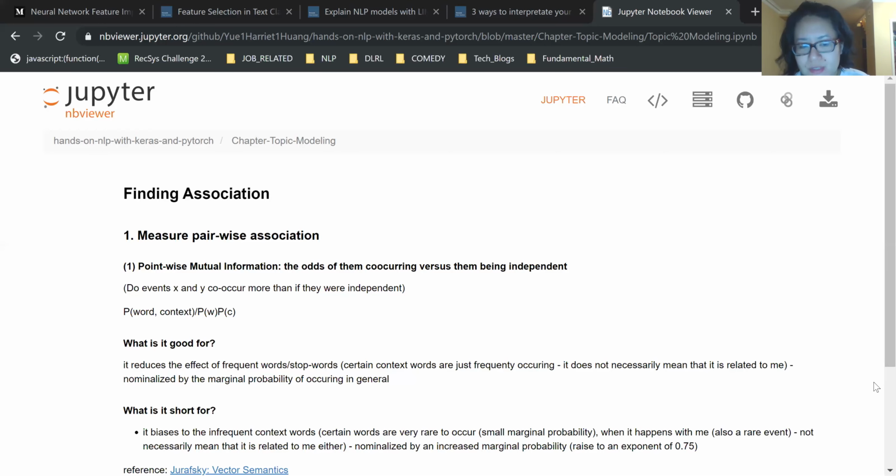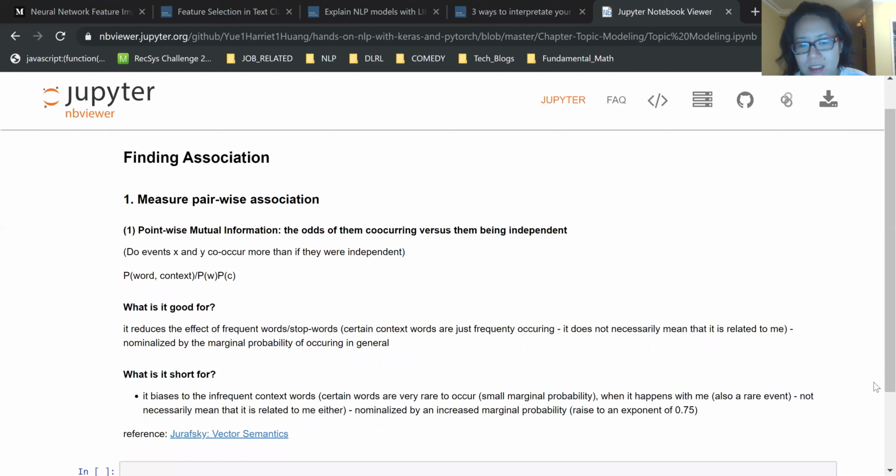It reduces the effect of frequent words, frequent context words. Let's say that in an English corpus, the words the or to are just frequent words. They appear anywhere.